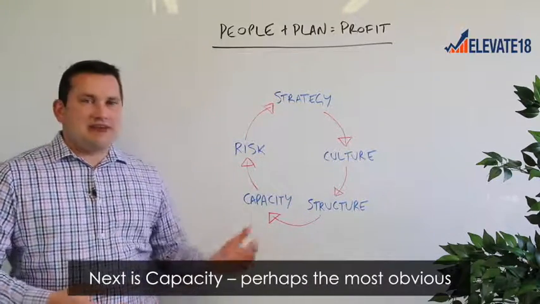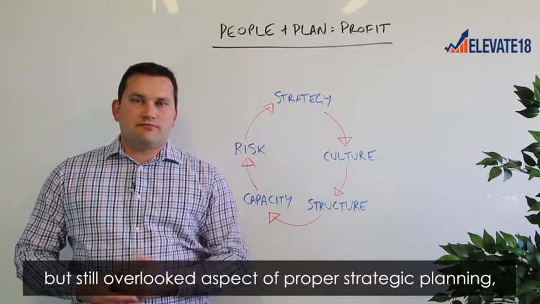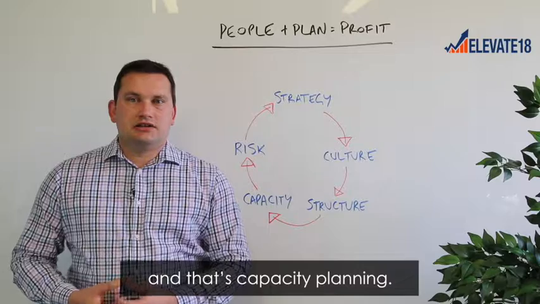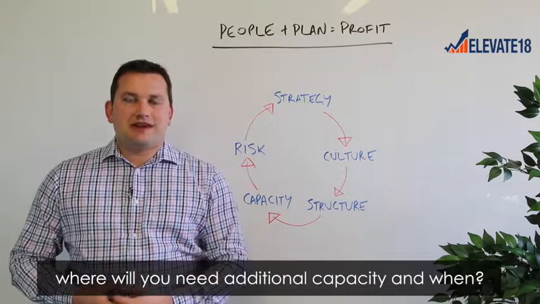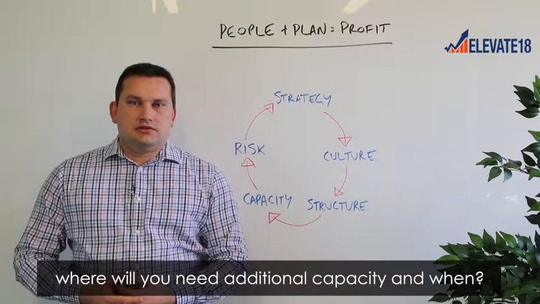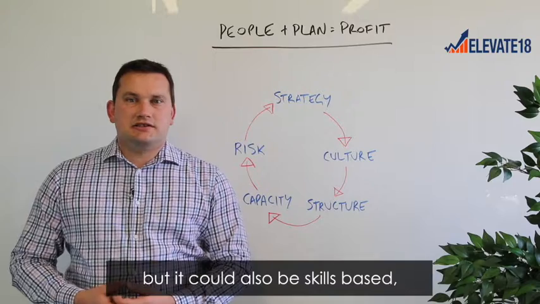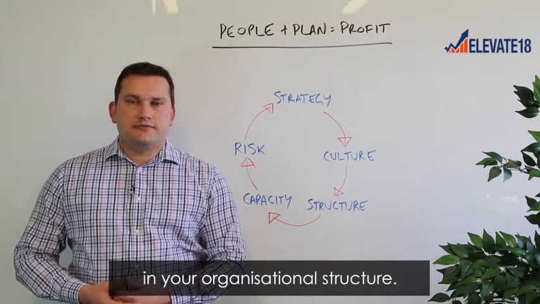And next is capacity. And this is perhaps the most obvious but still overlooked aspect of proper strategic planning, and that's capacity planning. Taking into account your vision and strategy, where will you need additional capacity and when? So that could be simply more resources, but it could also be skills based. Maybe additional training to fill in gaps in your organisational structure.